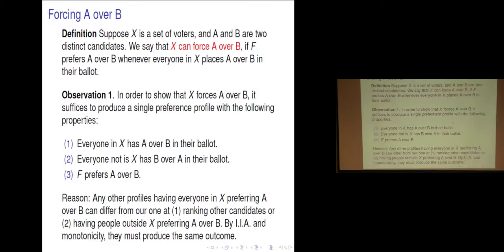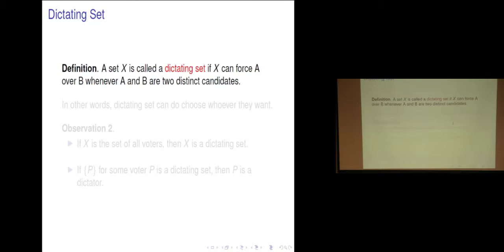Okay, let's move on. The second definition I'm going to introduce is the dictating set. A set X is called a dictating set if X can force A over B whenever A and B are two distinct candidates. In other words, dictating sets can choose whoever they want.